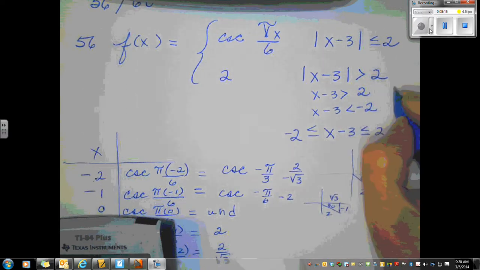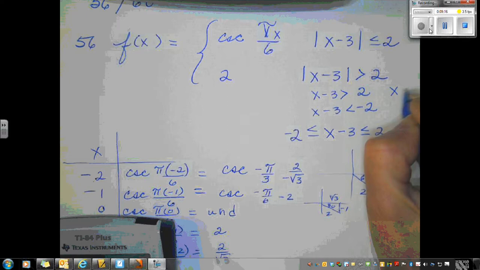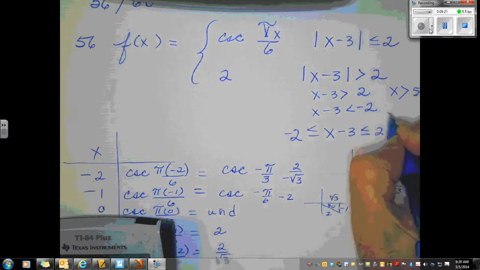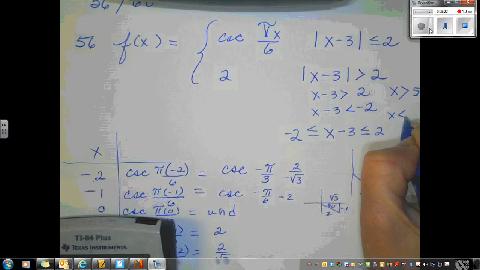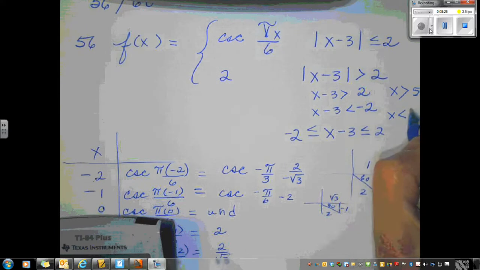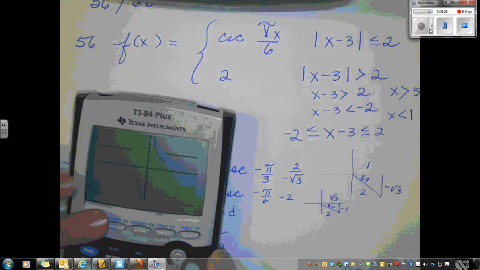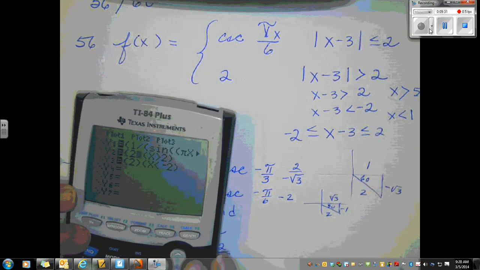So this would be x is greater than 5, and this is x is less than what? 1? Okay, so we have to put in 5 and 1.